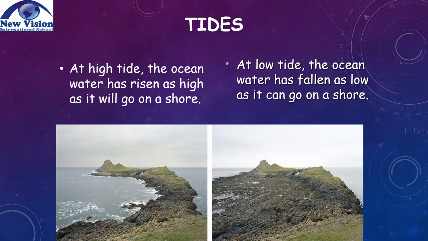So in this picture, which one is high tide and which one is low tide? I'll give you 3 seconds to answer this question. Okay, time's up. The first picture is the high tide and the second picture is the low tide. Okay, is your answer correct? Very good. Okay, let's proceed.